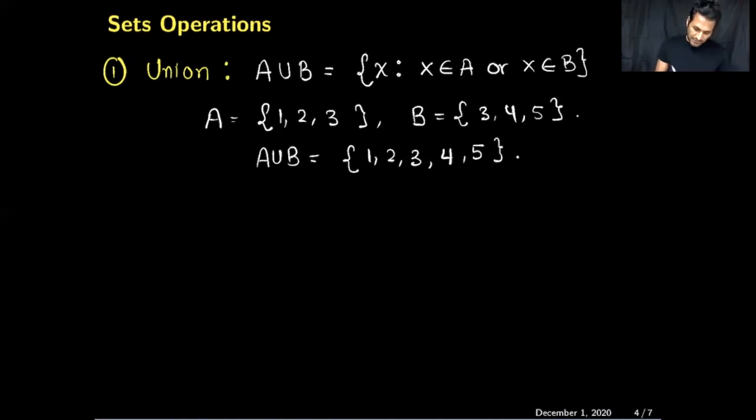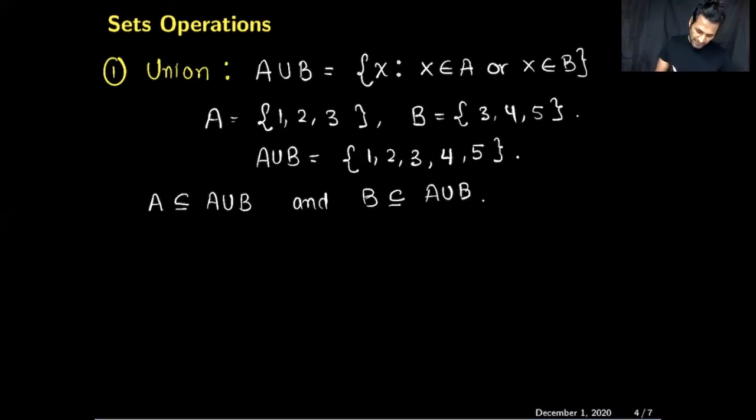Also, you can notice that A is always a subset of A union B, and it is clear from the definition that B will also always be a subset of A union B, because A union B contains all the elements of set A and also the elements of set B.